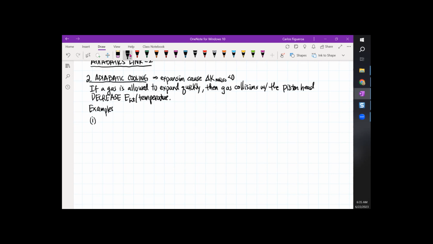One of these is when you spray a can of, let's say, hairspray or a can of deodorant, it releases the faster moving gas particles first.